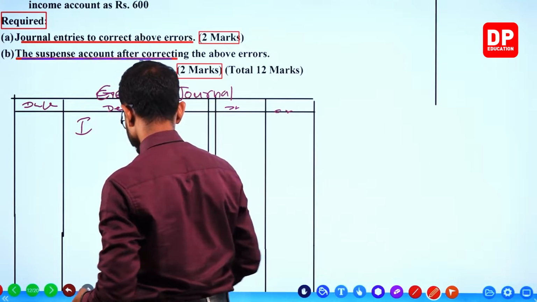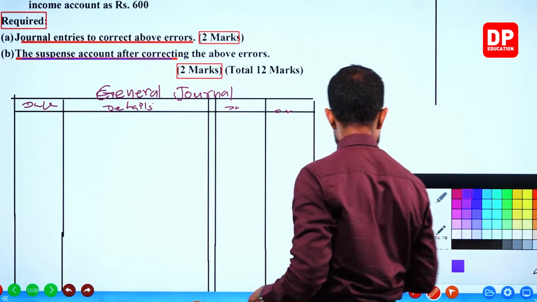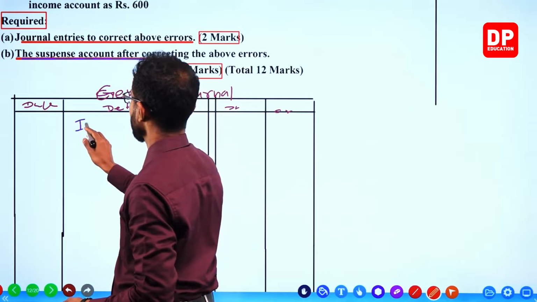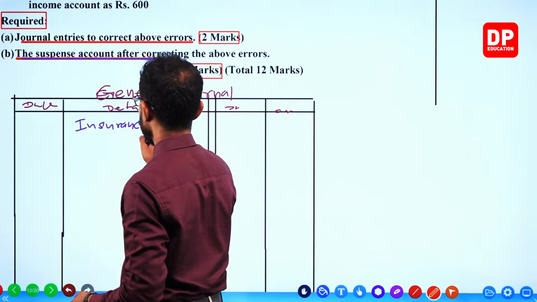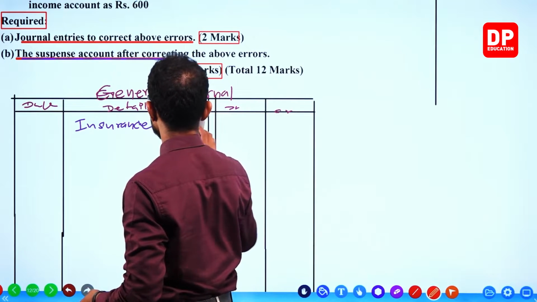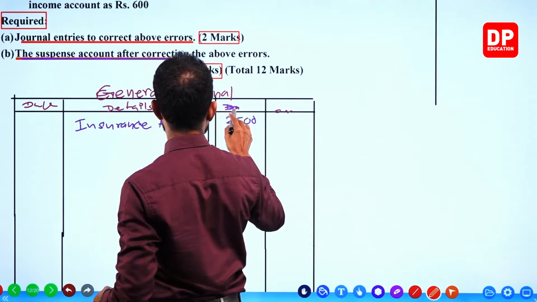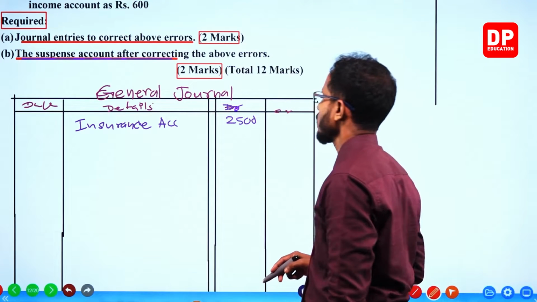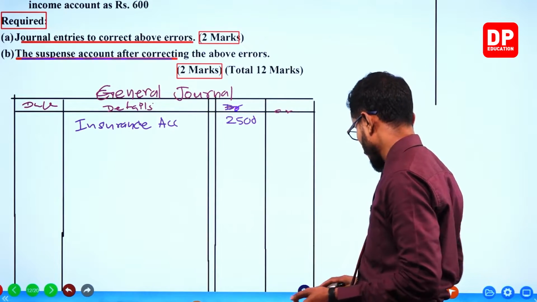Insurance account, debit side 2,500. Credit to which account?